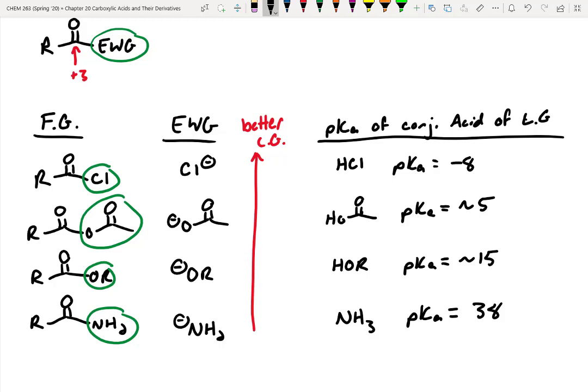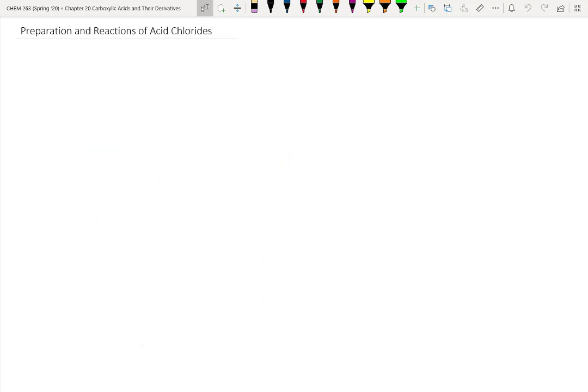All right, so what I want to do in this next section is focus on the reactivity of our acid halides, since they're our most reactive carbonyl derivative. So the first thing I want to cover is how to prepare acid halides. I want to start out by looking at the overall reaction, and then we'll get into the mechanism after that.